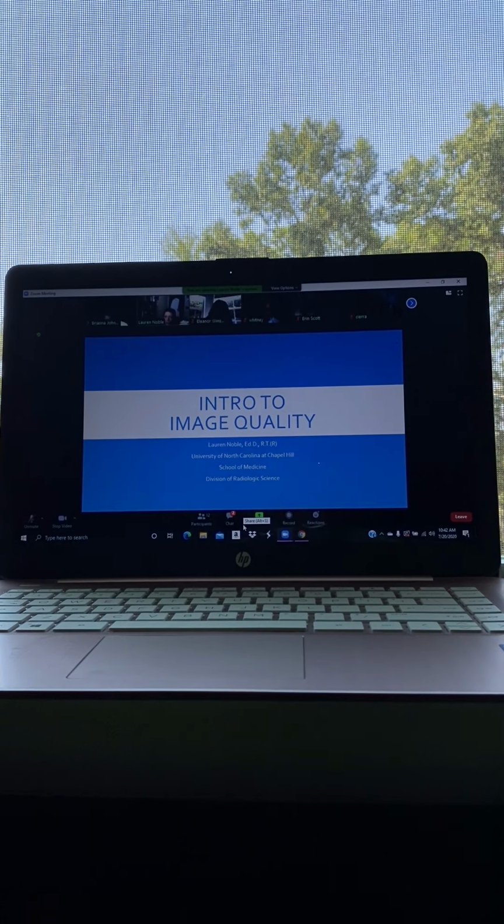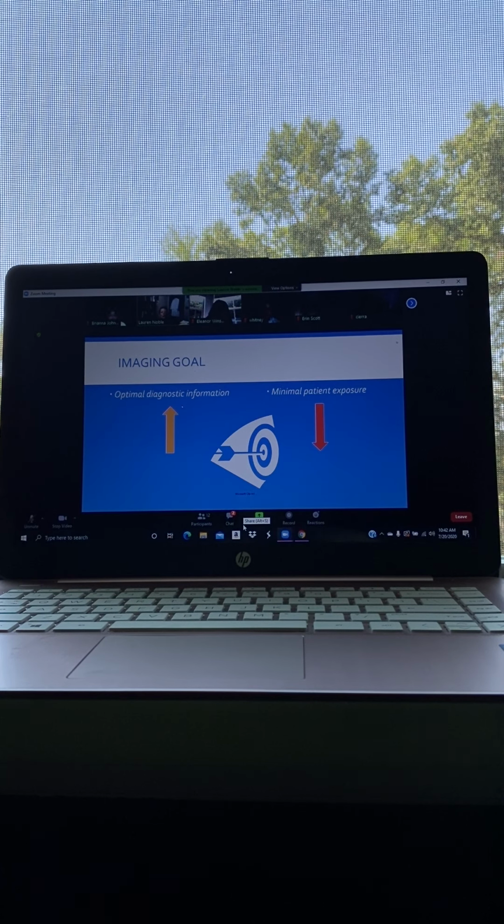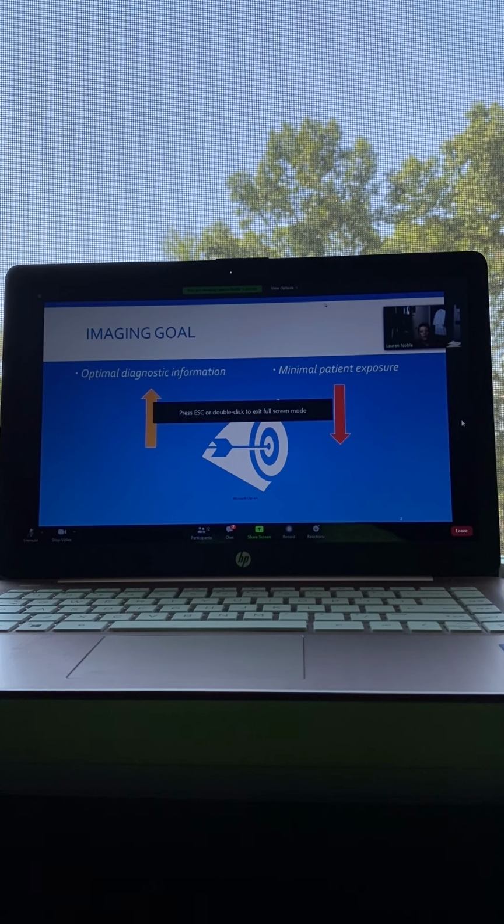When we start fall semester, you all are jumping right into clinic. So there are some fundamentals that I want you to have a basic understanding of relative to image quality and looking at some of these factors. We will spend next semester going into detail with these factors, but for right now, you do need an overview so that you have an idea as to what the technologists are talking about when you start out here.